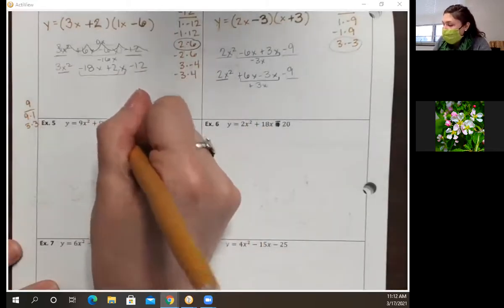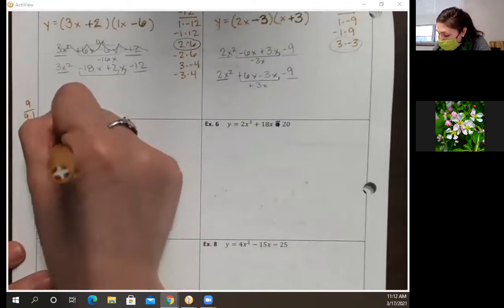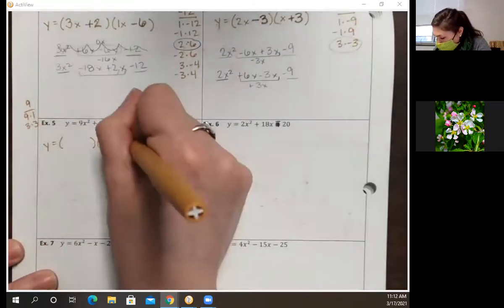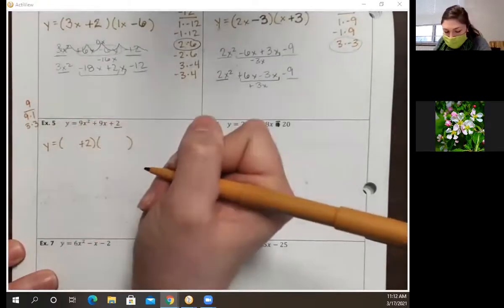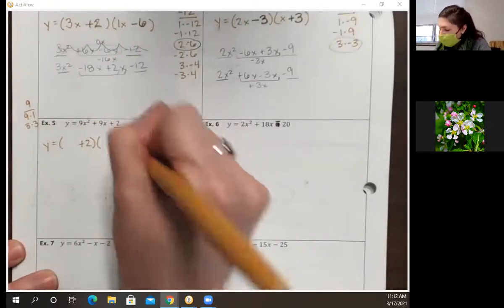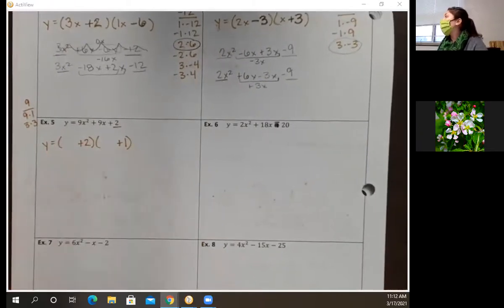My c value, though, is prime. So I do know what's going to go with the back. So I know one of these factors has to end in 2 and the other has to end in 1. You could swap this order if you wanted to. Mm-hmm.